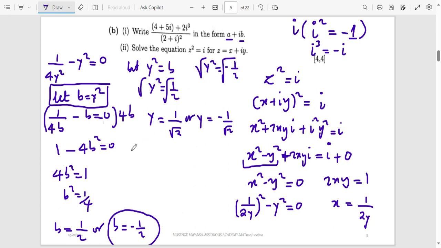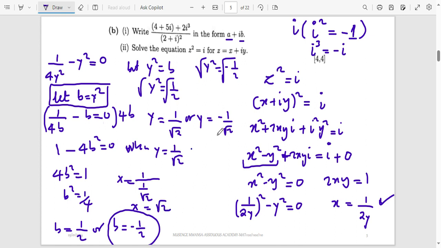To find the value of x, I'll say when y is equal to 1 over square root of 2, what will be x? X is going to be equal to, we come in this equation, x will be 1 over, where there is y in the denominator, we'll put 1 over square root of 2, because that is the y value that you found, meaning that x will be equal to square root of 2.